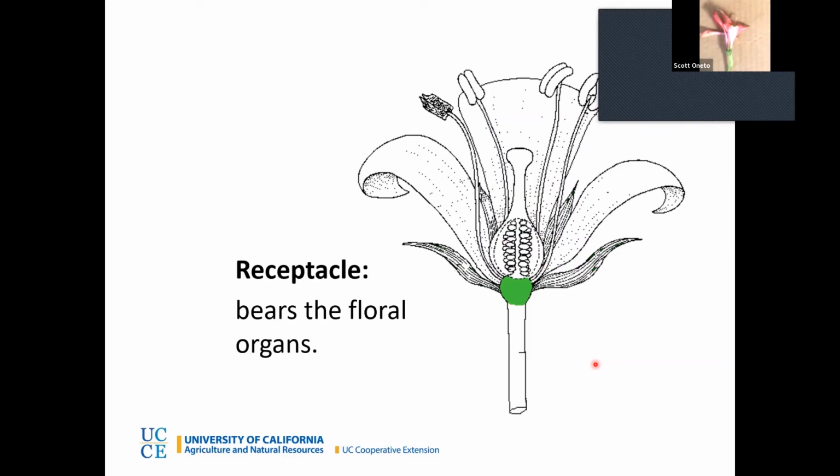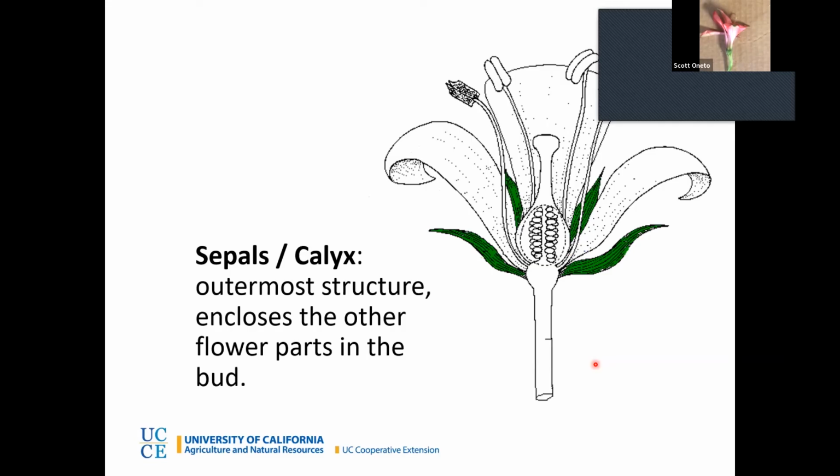Now, if we start looking at the colorful parts of the flower, the first is what we call the sepals. They're often green in many flowers, and I'll show you an example of a green one here. This is a chrysanthemum, a beautiful chrysanthemum.